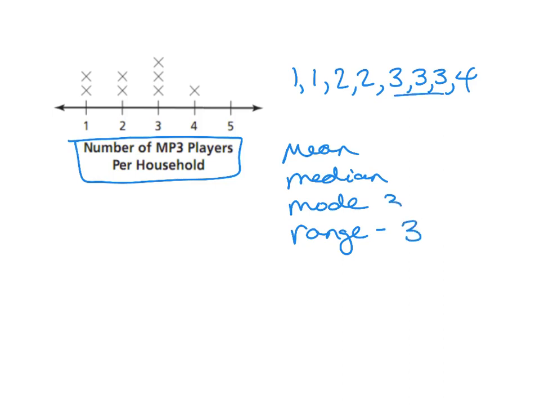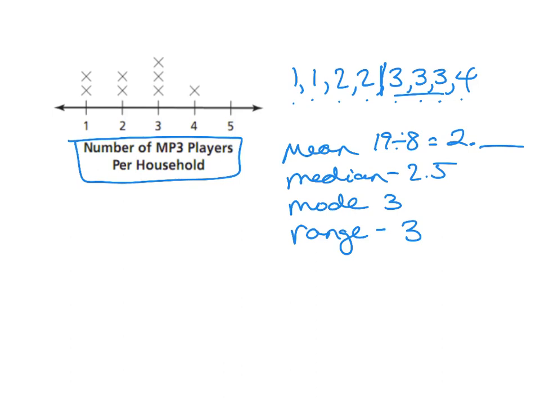Mode is also 3. Median, we have 8 numbers, so the median would be about 2.5. We have 4, 7, 10, 13, 15, 17, 18, 19 divided by 8, right? Yeah, gives us 2 and something. I'm not going to do all the math.